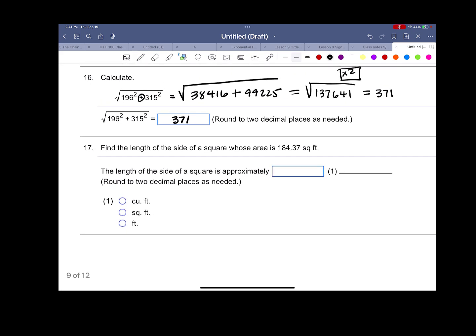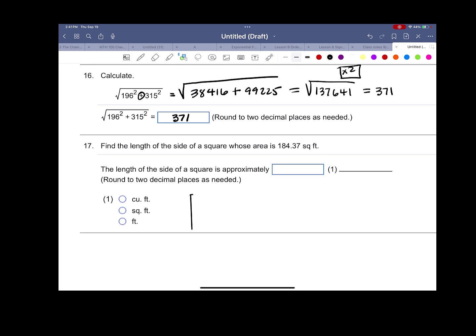Now, number 17 is an application, and it sort of demonstrates to us what a square root is. If you have a square, and the side of the square is 3 and 3, then the area of that square would be 9, because 3 times 3 is the number of squares you see in here.